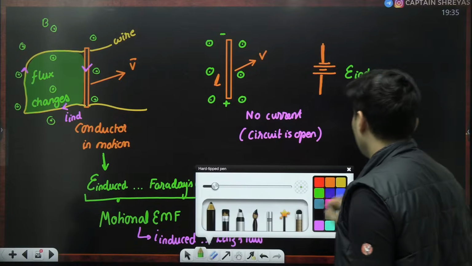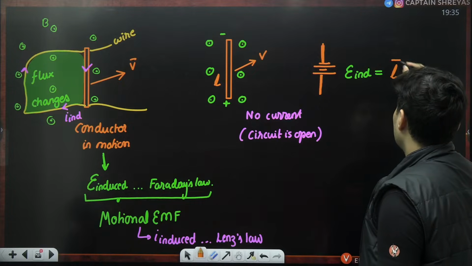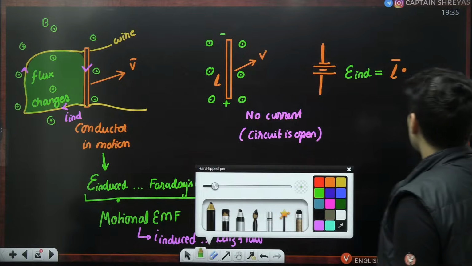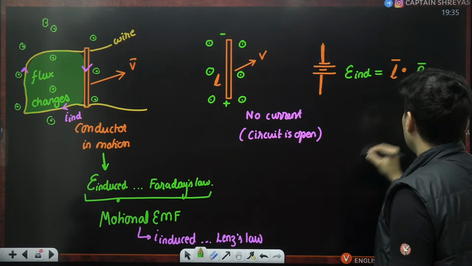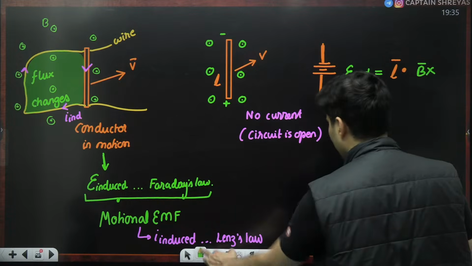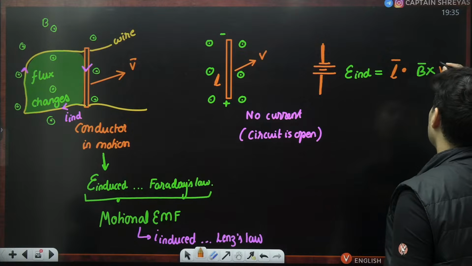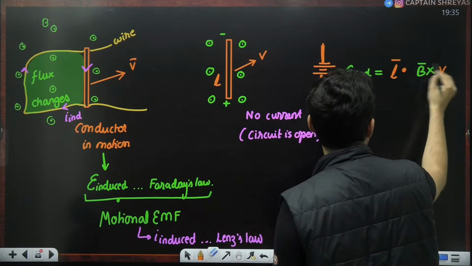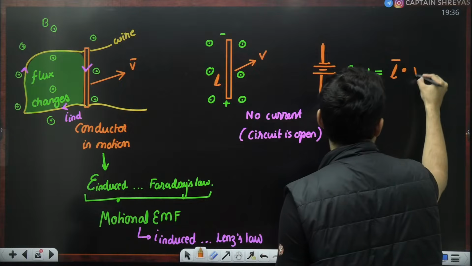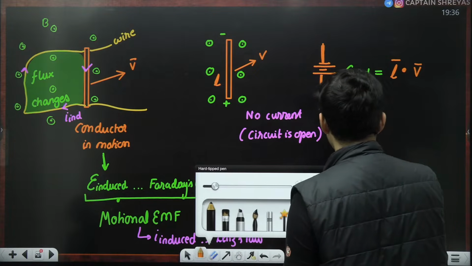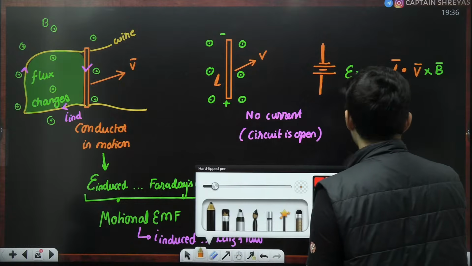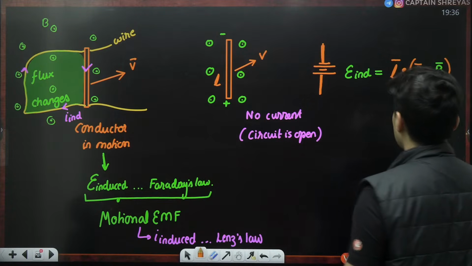It is length dot producted with velocity crossed with magnetic field. L dot V cross B. Yes, that is what it is.